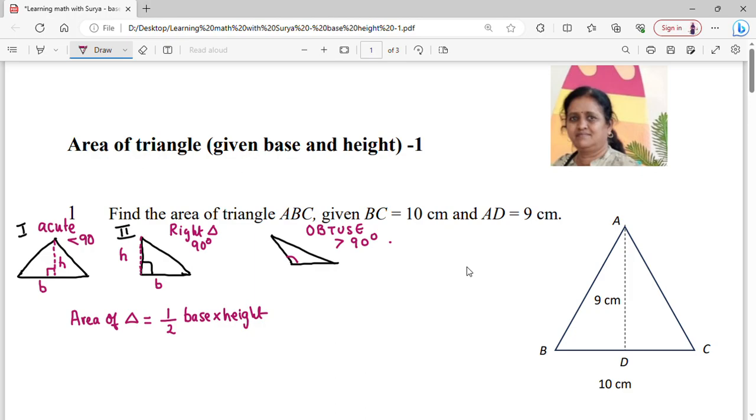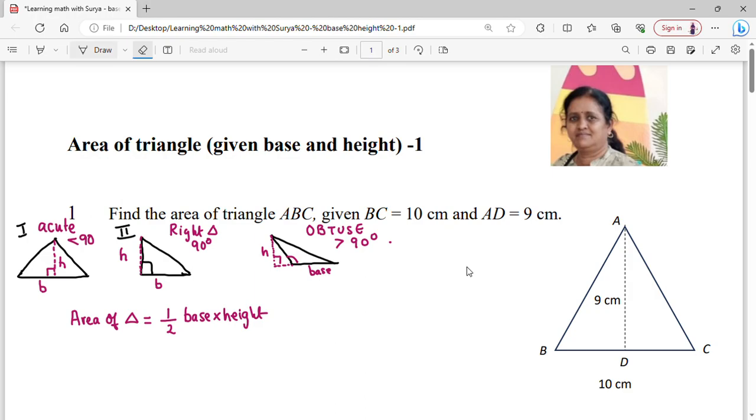Now for an obtuse angle triangle, this would be the base, but the height would be on the extended line. So you extend the base and you will see that if you drop the perpendicular here, this is nothing but your height. So this would be the base and this is the height, right?